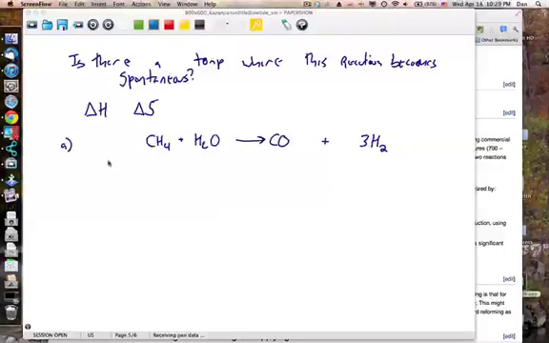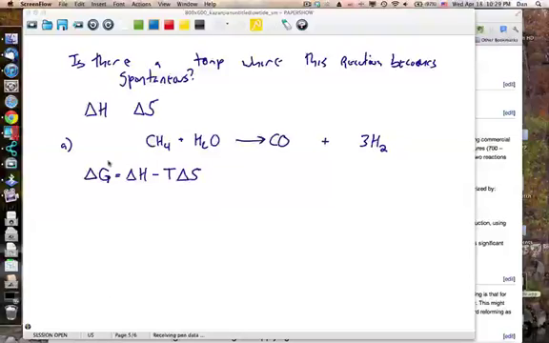How do we determine whether or not this reaction has some sort of transition point where it becomes spontaneous? For this, we turn to the definition of Gibbs free energy. Delta G is equal to delta H minus T delta S. Depending on the values of delta H and delta S, we can see if there's a transition point, a temperature at which it transitions from spontaneous or not.